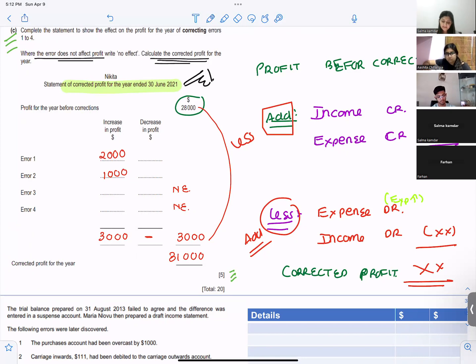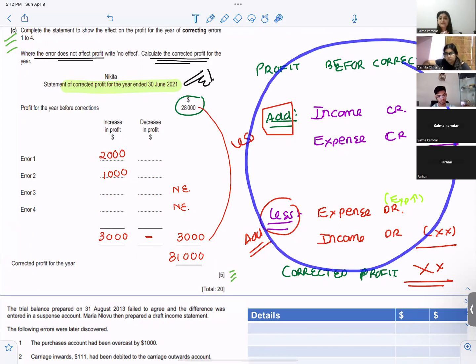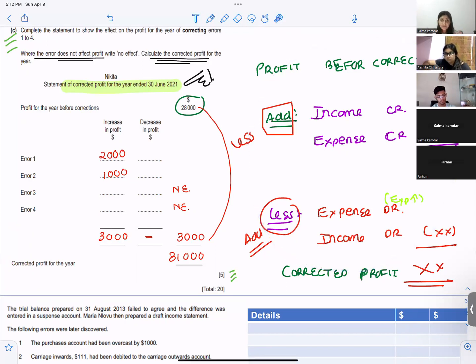You need to learn this statement. If you have to find out the corrected profit, what will you do? You'll start with profit before correction. What will you add?